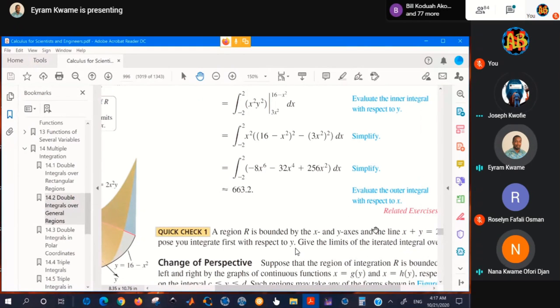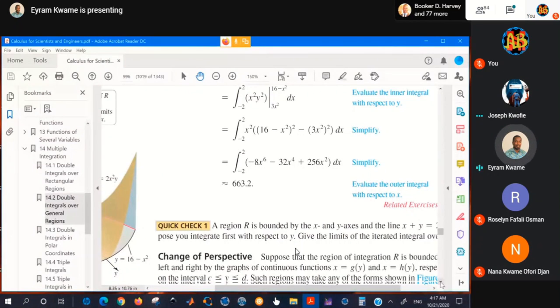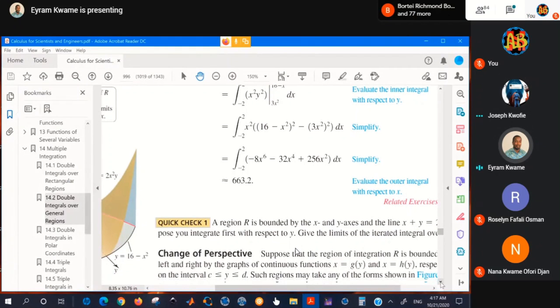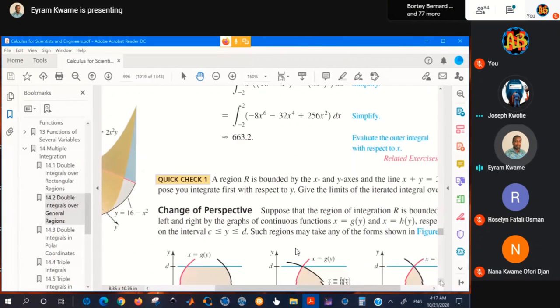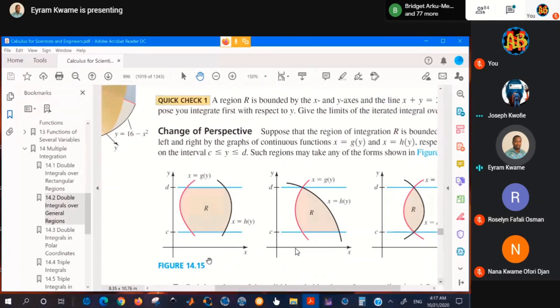What is important to me in this class is that you are able to write the limits of an integral such that the integral clearly defines the region of integration. I am not teaching techniques of integration, please. So your final answer depends on whether you understood. This is what is important to me.